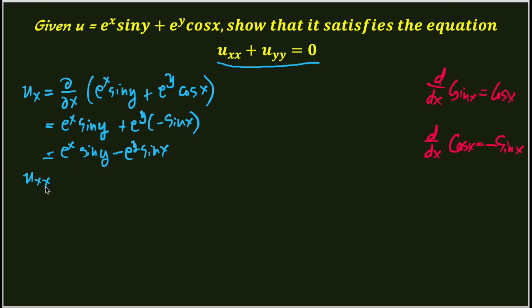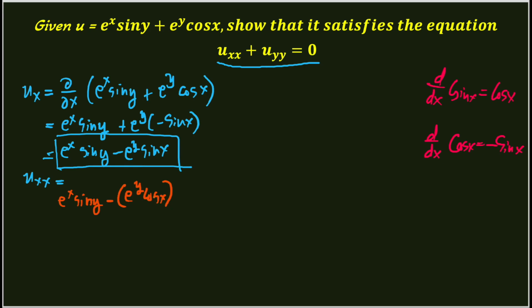And for u sub xx, we differentiate this answer with respect to x once again. So this will become now e to the x sine of y minus e to the y cosine of x. That's the answer for u sub xx. And then we need to find also u sub y first before u sub yy. So u sub y is equal to e to the x times cosine of y plus e to the y cosine of x.